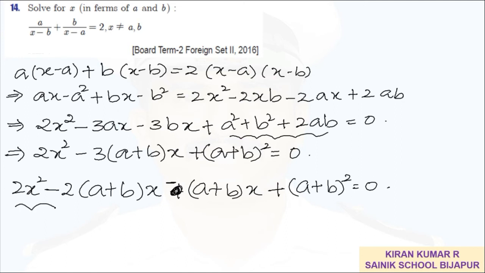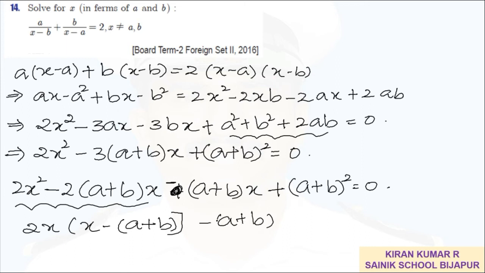Now in the first two terms there is 2x common. We'll be getting x minus of a plus b. In the next terms there is a plus b common. So if I take a plus b out, x minus of a plus b will remain equal to 0.